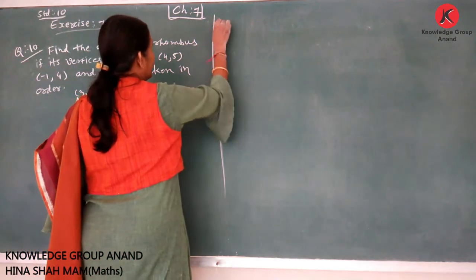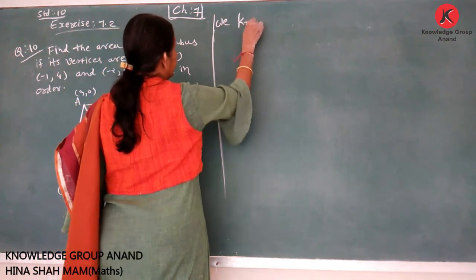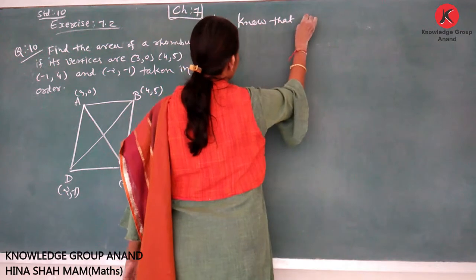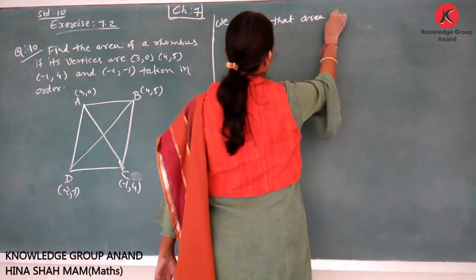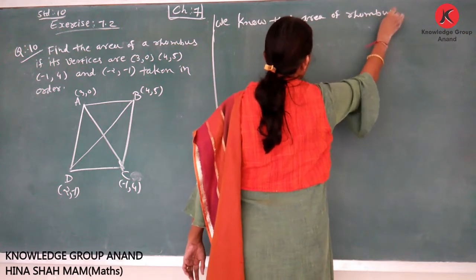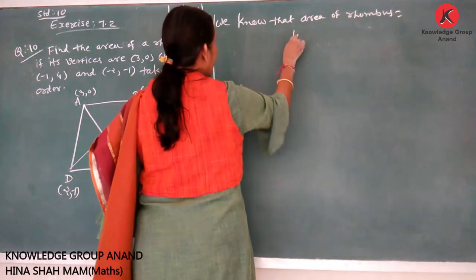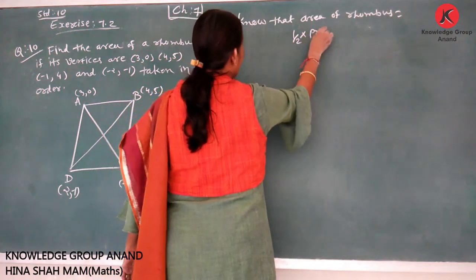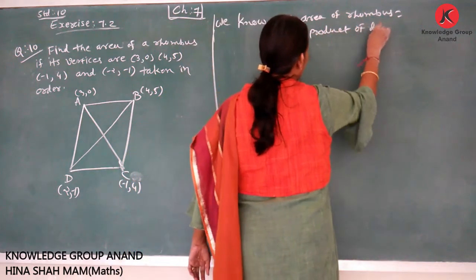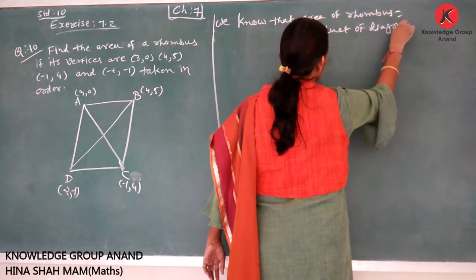We know that area of rhombus is equal to 1/2 into product of diagonals.